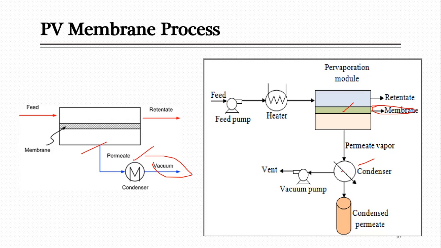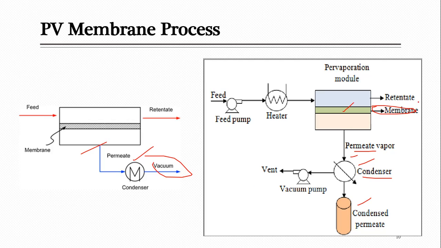If it is not a full condenser and you are using a partial condenser, then in that case some part of the permeate which is entering here is converted to condensate, and some which stays in the form of vapor just goes through this line. Here in these cases we apply the vacuum mostly with the help of a vacuum pump.